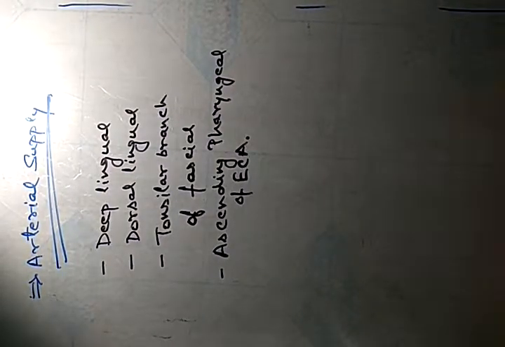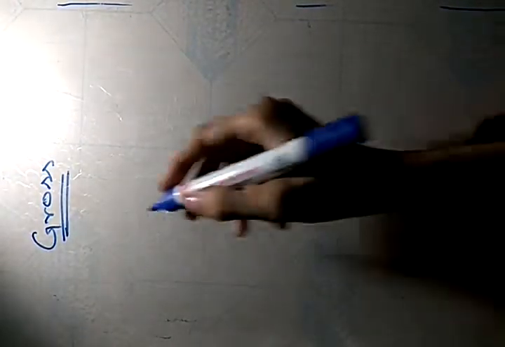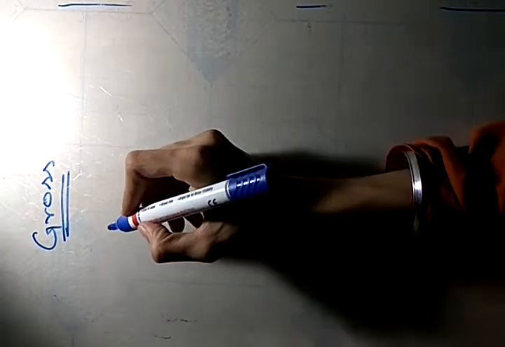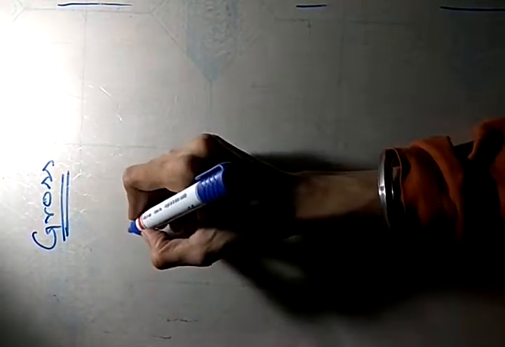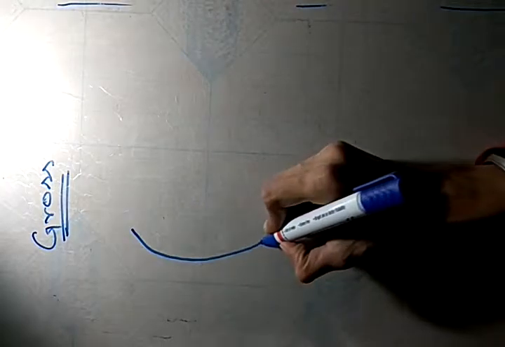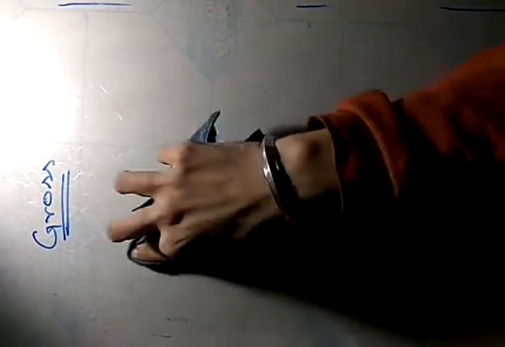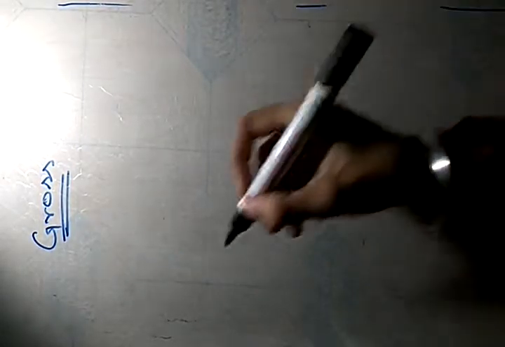Now moving on to our diagrams. The diagram for gross anatomy that should be drawn after writing gross anatomy of tongue is something like this. Sorry, I should have drawn it with black. It'd be easier for me.